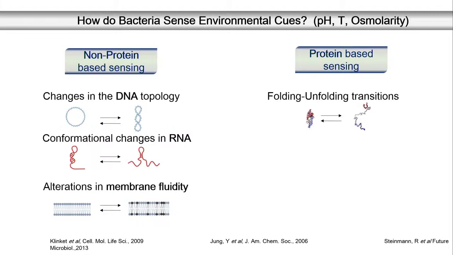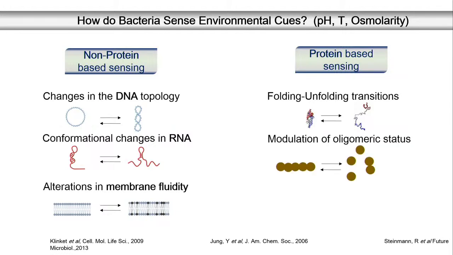But what we are interested in is protein-based sensing. When you have small changes in temperature, going from say 25 to 37 degrees Celsius, or changes in osmolarity, the salt concentration inside and outside the cells, you can have transitions going from a compact globular structure, as Monica was talking about with respect to proteins, to disordered-like structures.